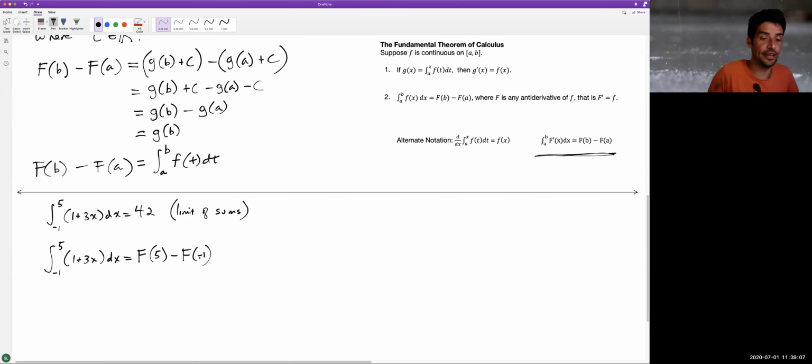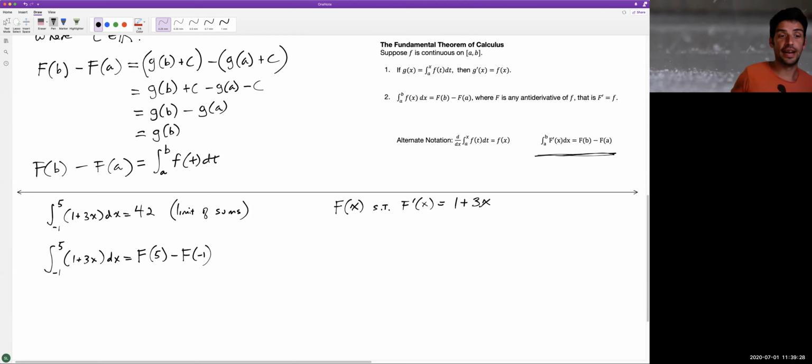That's super easy to write down. The tricky part is where f is an antiderivative of 1 plus 3x. In other words, I need an f of x such that f prime of x is equal to 1 plus 3x.